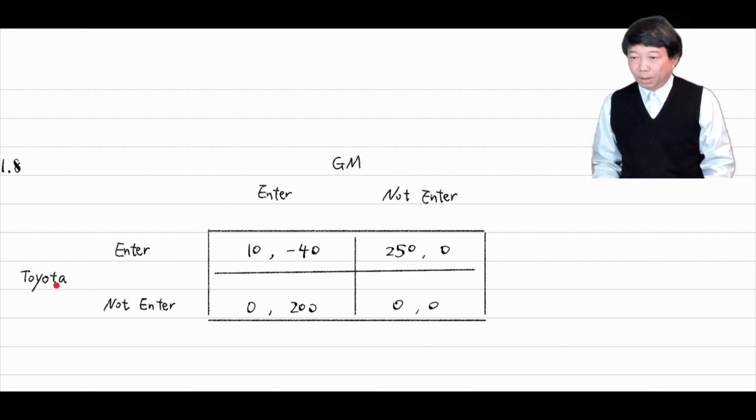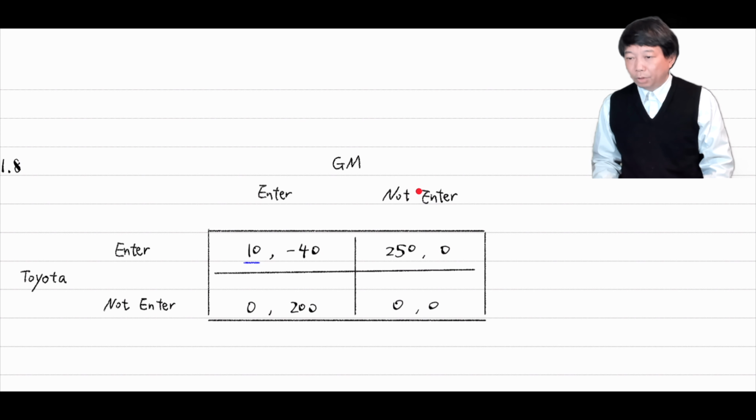We first consider Toyota's choices. Given that GM enters the market, if Toyota enters, it earns a profit of 10. If it does not enter, it earns 0. Toyota's best response is entering the market. We underline its payoff 10.